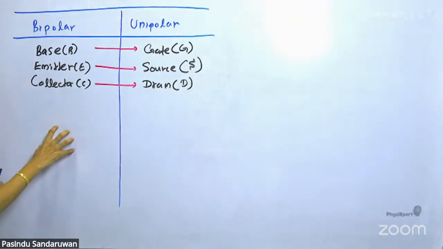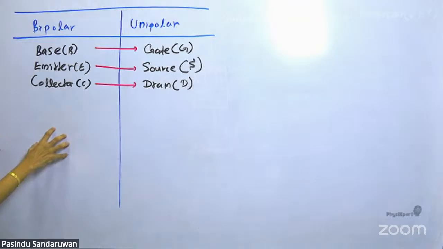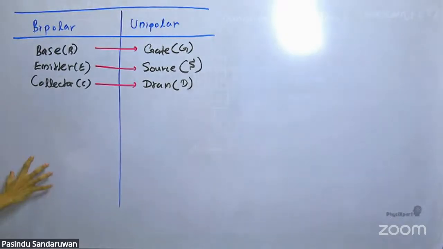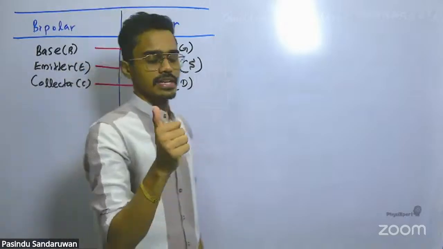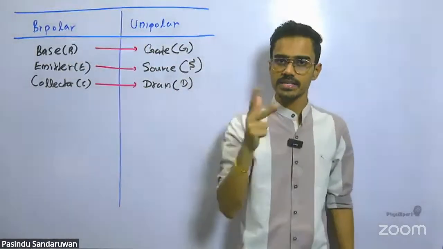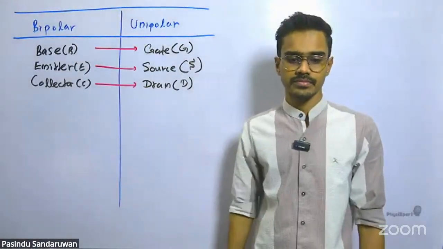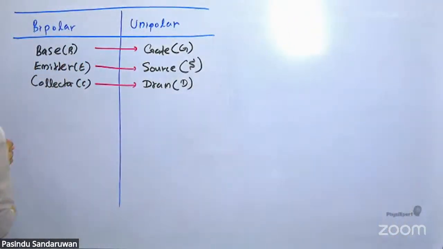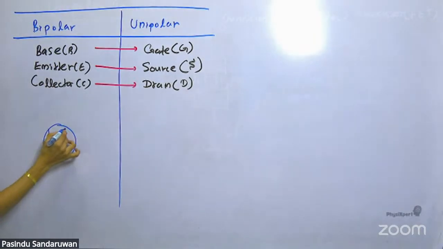Draw NPN transistor here, quickly. Identify terminals, mark currents, mark potential differences. Do it, NPN this side.